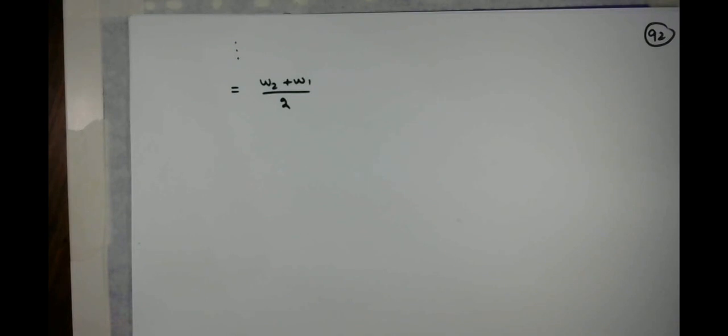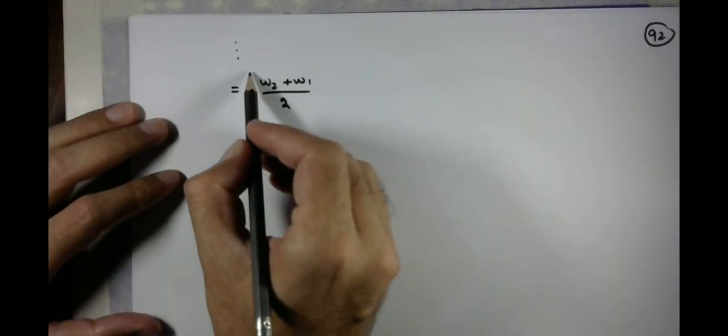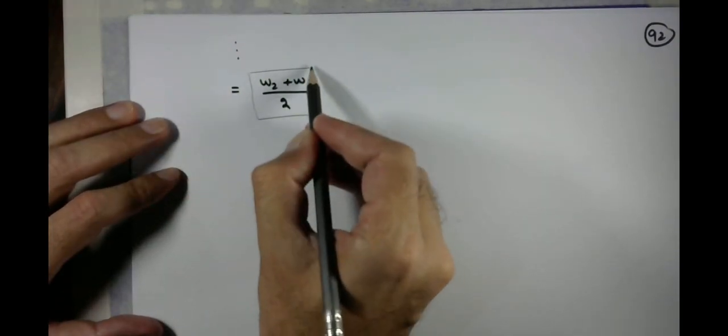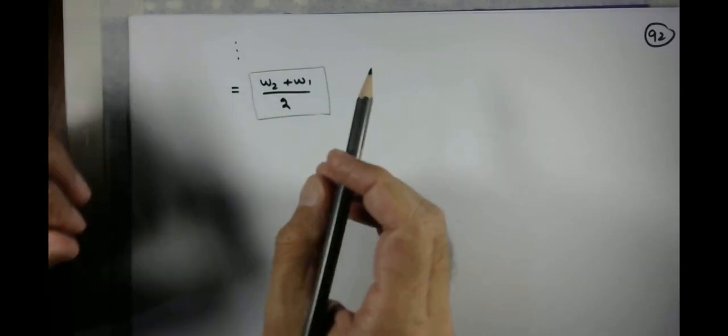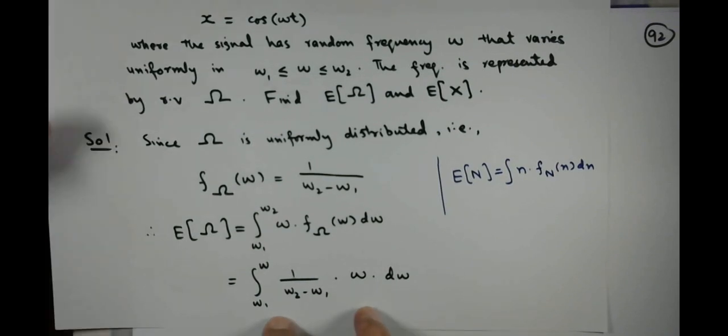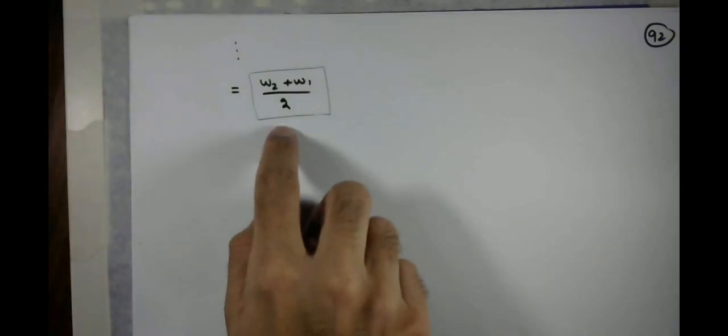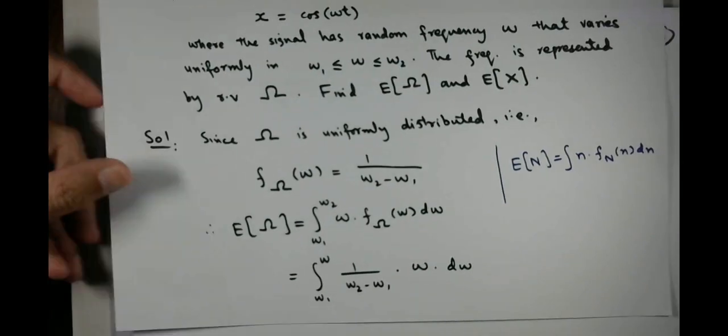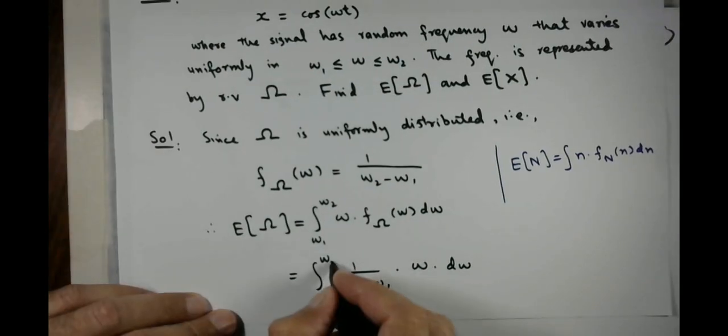Please do take this as a small homework. This should not be a difficult integration. You have to somehow reach from here till here. Remember the integral is from omega 1 to omega 2.